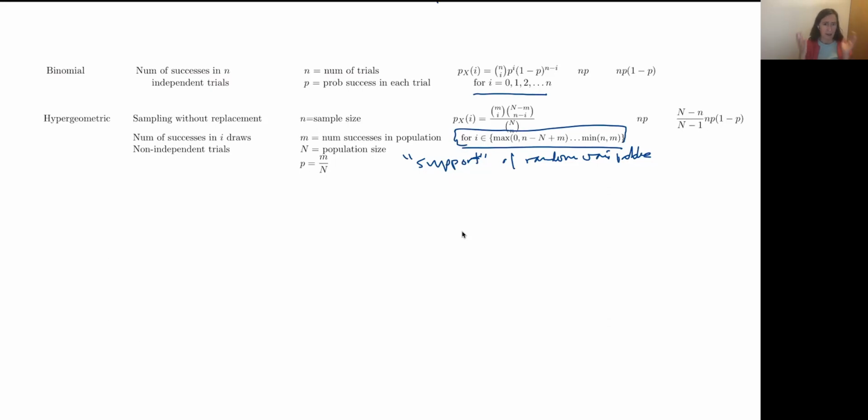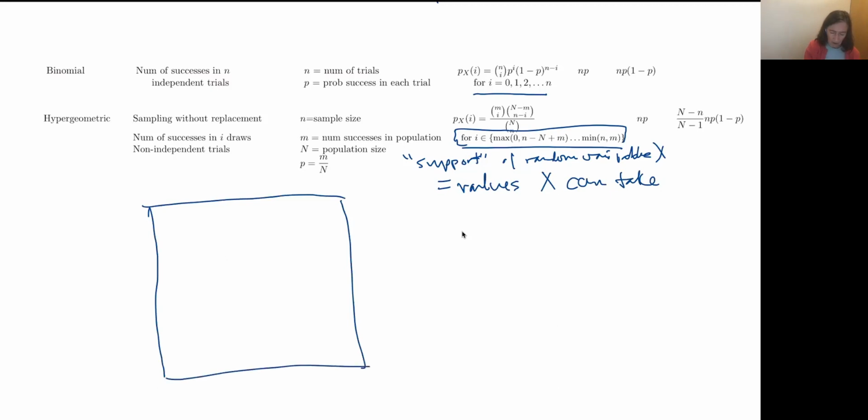That's not very intuitive, so let's take a look at it. What we're being told here is the upper bound and the lower bound for the values that the random variable can take. The support of random variable x are the values x can take, the things we could substitute in for that I and assign probabilities to. What this complicated statement is saying, written out in a little more detail, is there are 4 possible cases.